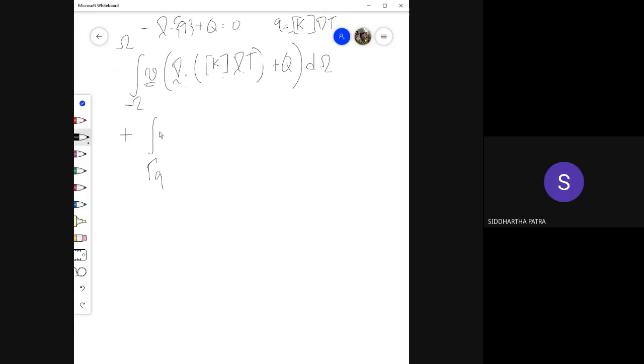So v times q minus h times (T minus T infinity). Okay, so this q is basically your externally applied heat flux. Okay, minus n dot, which we discussed earlier, k times gradient of T, d gamma. This whole equation goes to 0.